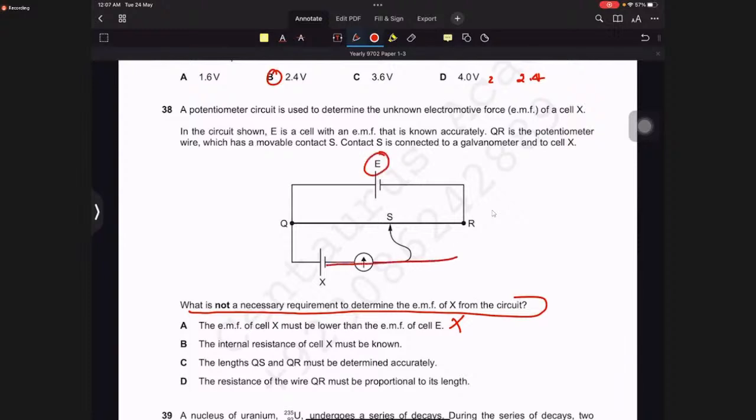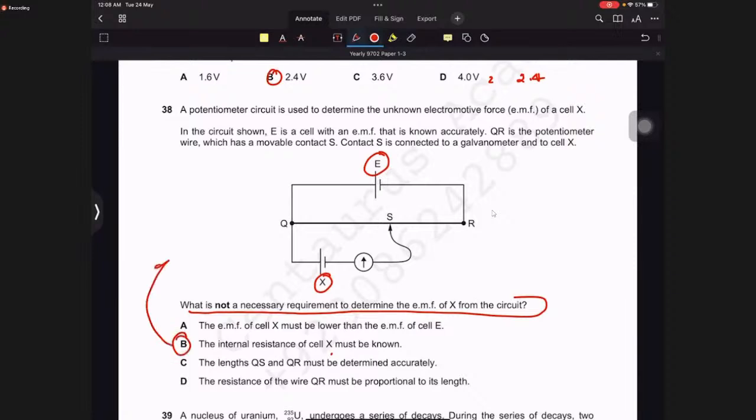What is, well, no, wait, it is required. Because if E is smaller than X, then the balance point would go beyond the length of QR, so we can't do that. Internal resistance of X must be known. That's wrong. This is the only thing that's not required.